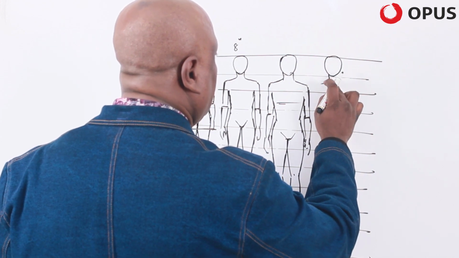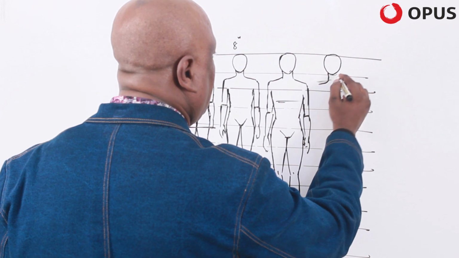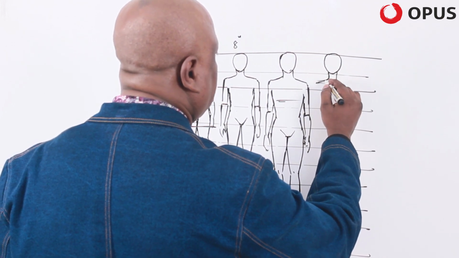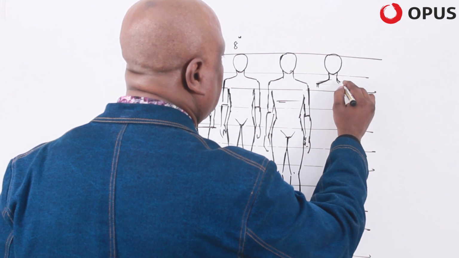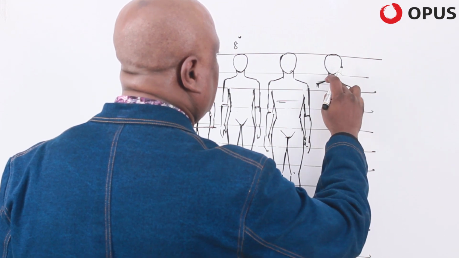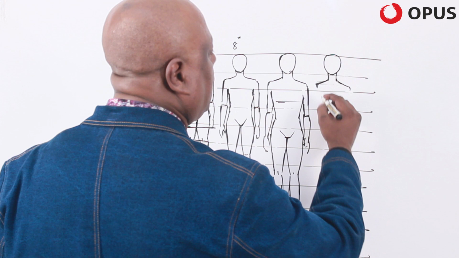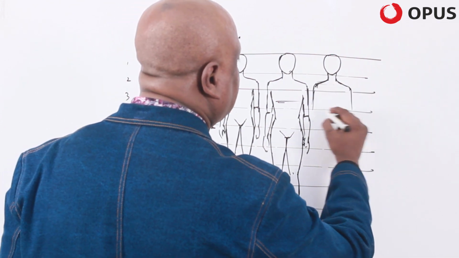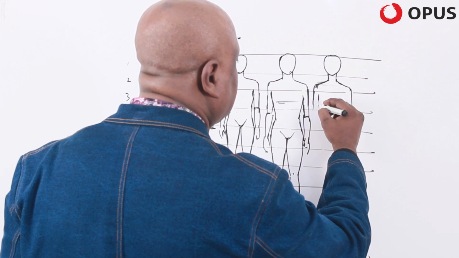I'll try to make the neck a little longer. Should I make the neck so long? No. I'll definitely not make that long neck. The long crane neck would be too ridiculous for me to do. But this is now the stylized version.